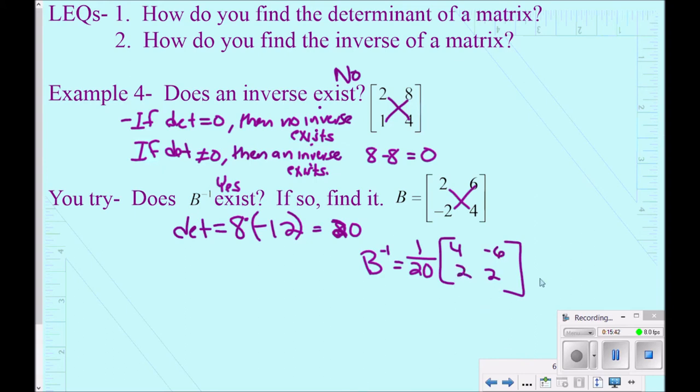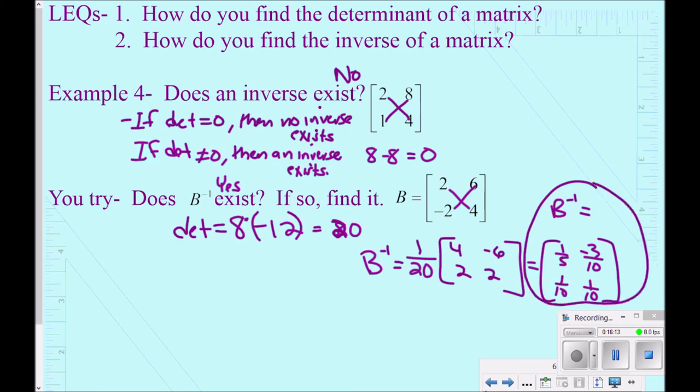Now I'm ready to multiply. 1/20th times 4 is 4/20ths or 1/5. Negative 6 times 1/20th is negative 6/20ths or negative 3/10ths. 2 times 1/20th is 2/20ths or 1/10th. And again, 2 times 1/20th is 1/10. So we have 1/5, negative 3/10ths, 1/10, and 1/10 for B inverse.